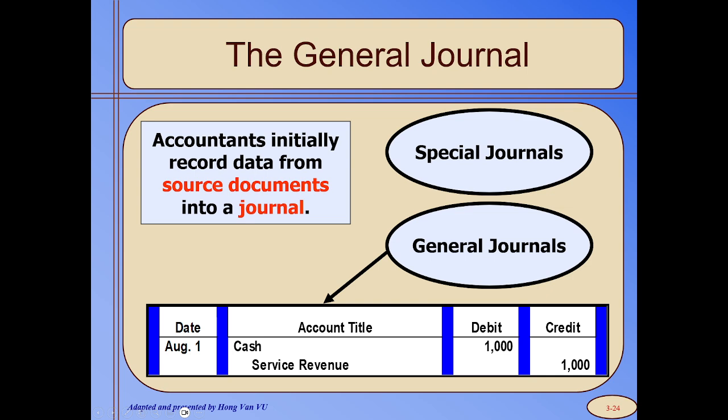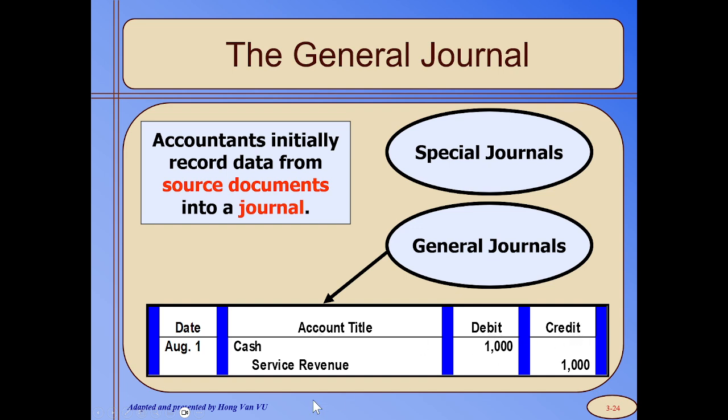For simplicity, this text uses only a general journal format. Here is an example of an entry in the general journal. There are columns for the date, account title, debit amount, and credit amount.